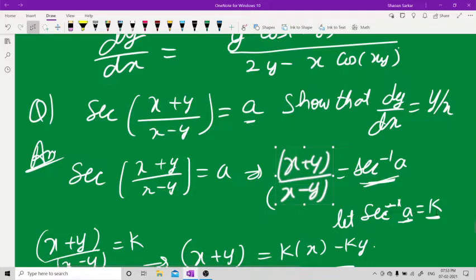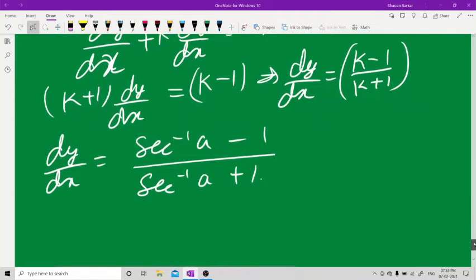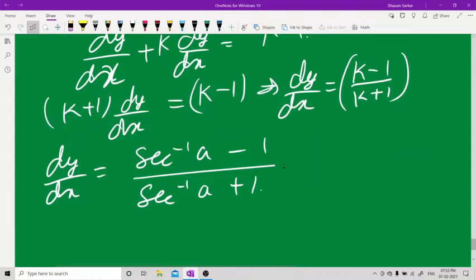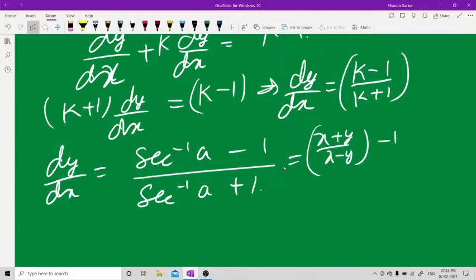Since k is sec inverse a, and sec inverse a is (x plus y) upon (x minus y), so write in the place of sec inverse a: (x plus y) upon (x minus y) minus 1, upon (x plus y) upon (x minus y) plus 1.